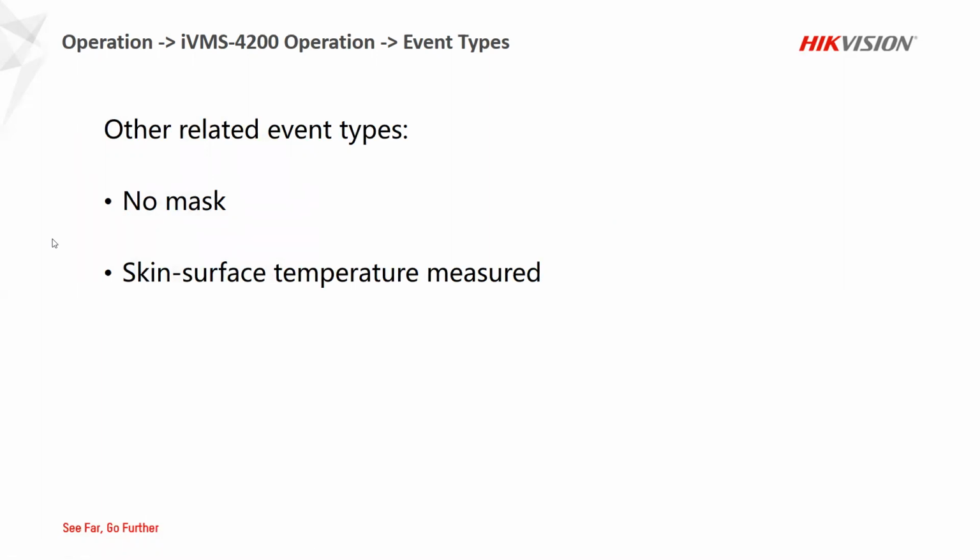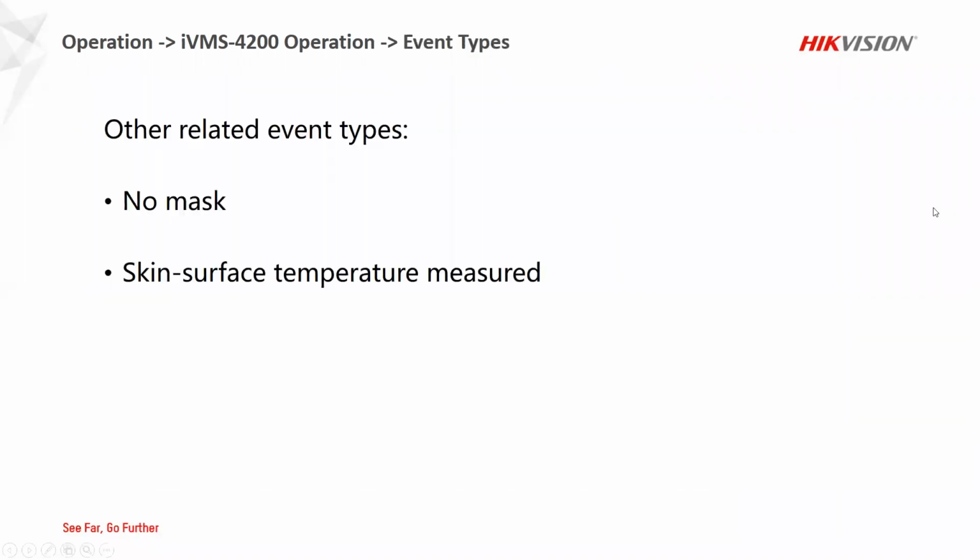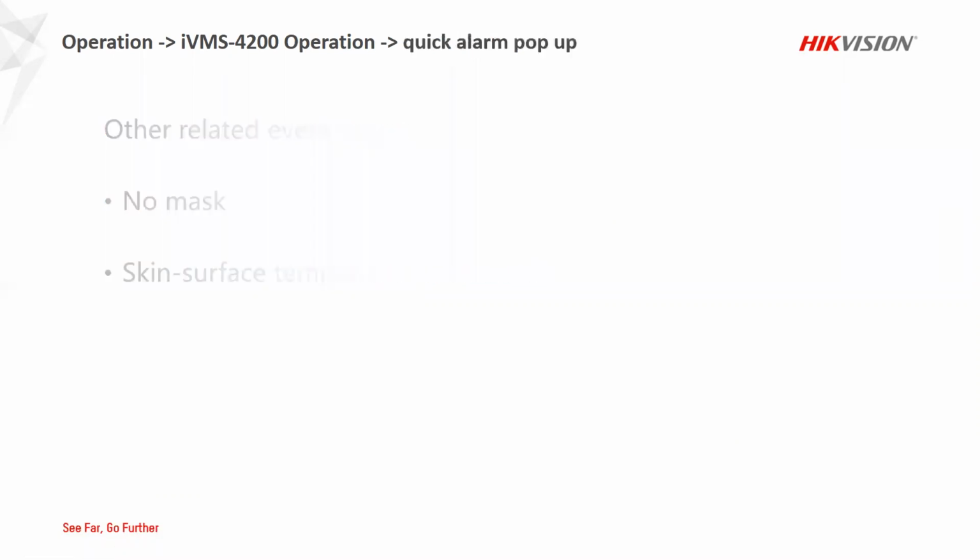Actually that pop-up that I showed here is the skin surface temperature measured event. So anyone who's got his or her skin surface temperature measured, it can give you a pop-up or email or an audible warning if you want.